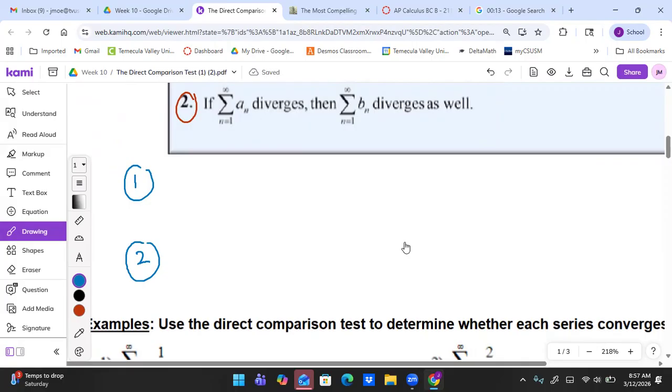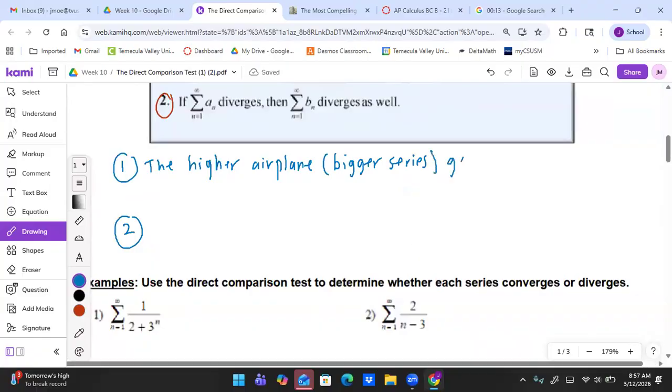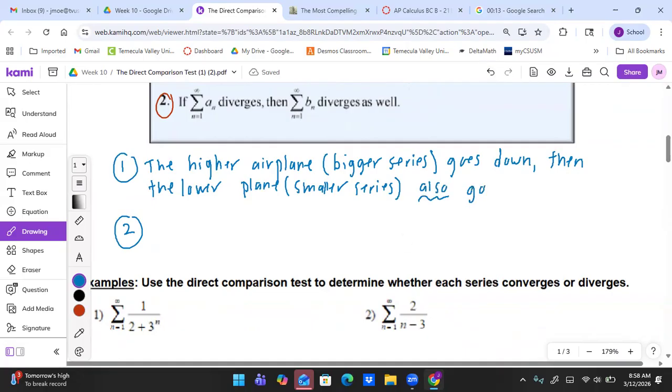So basically, if the higher airplane, aka the bigger series, goes down, then the lower plane, the smaller series, also goes down.